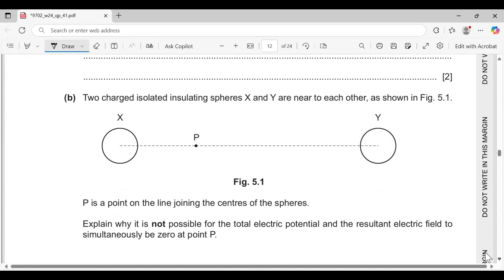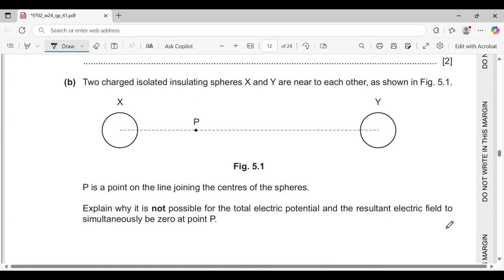Two charged isolated insulating spheres X and Y are near to each other, as shown in figure 5.1. P is a point on the line joining the centers of the spheres.